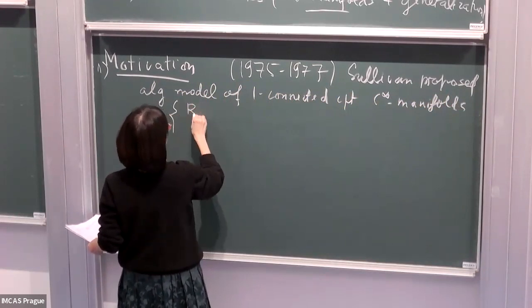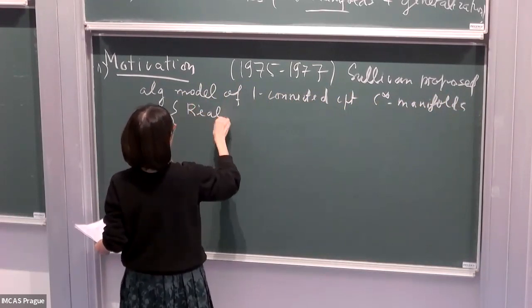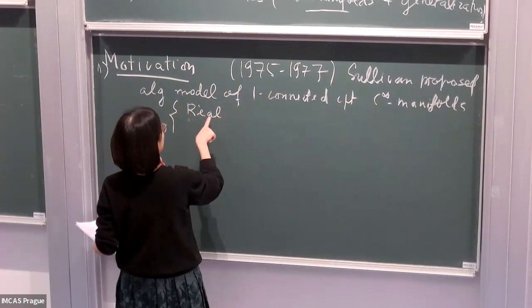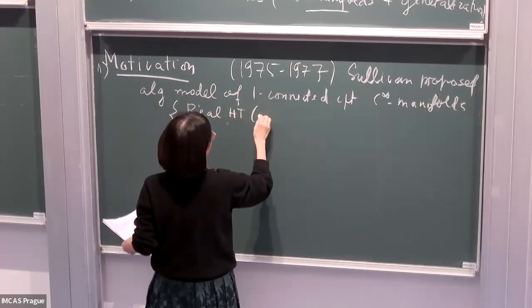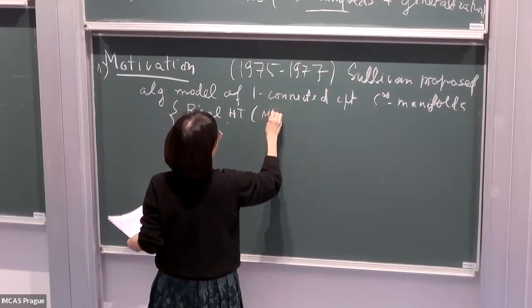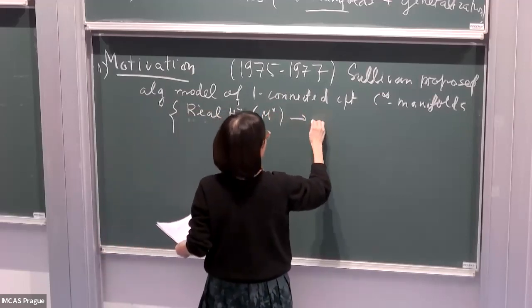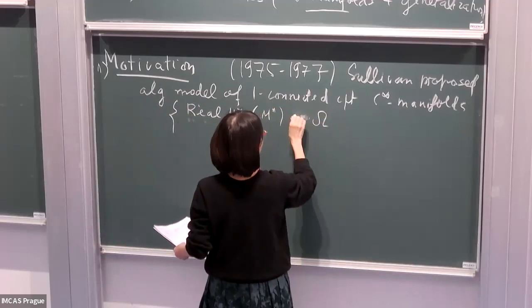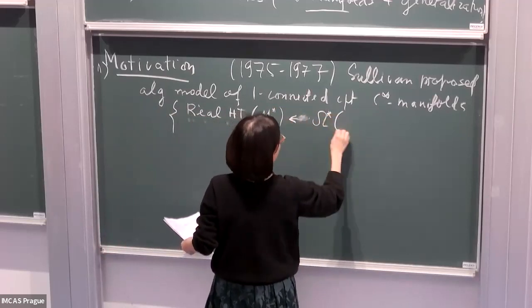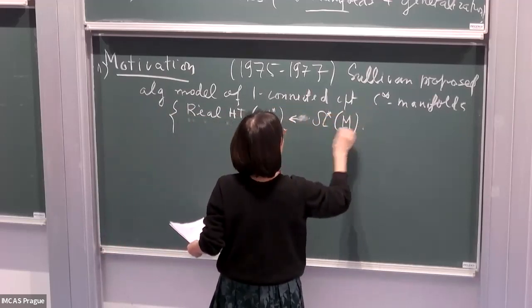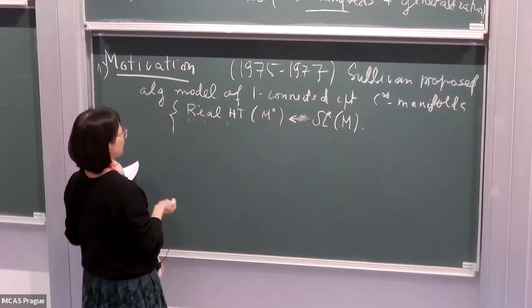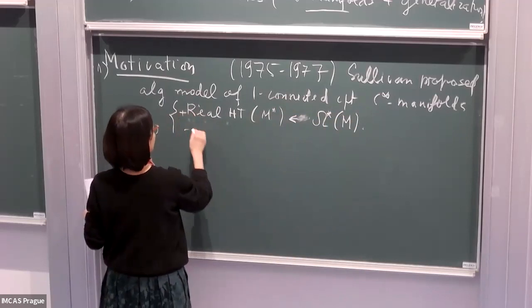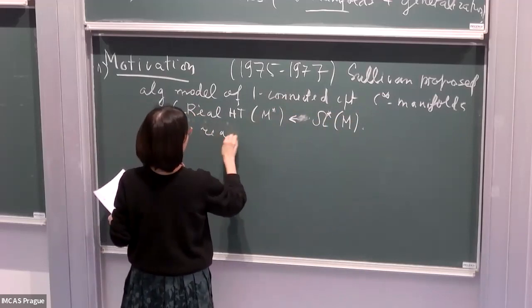real homotopy type. I write RHT because usually it is the rational homotopy type of the manifold, and that can be defined through the algebra of smooth forms. The algebra of smooth forms is really related to the smooth structure and easy to compute. The next thing is the real Pontryagin class.